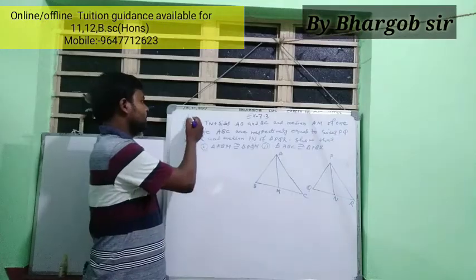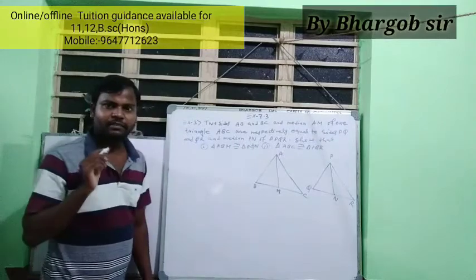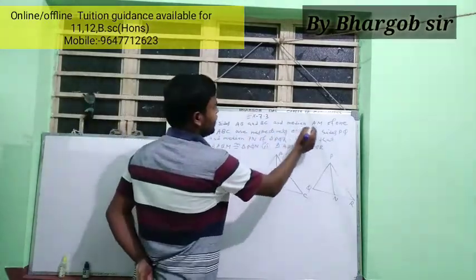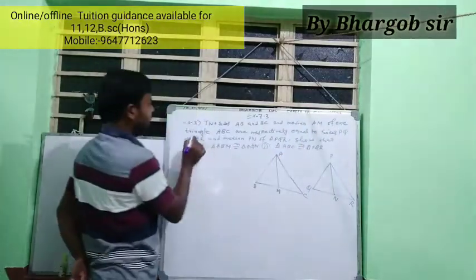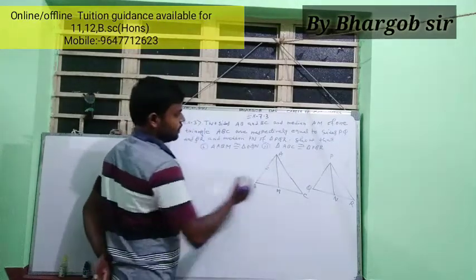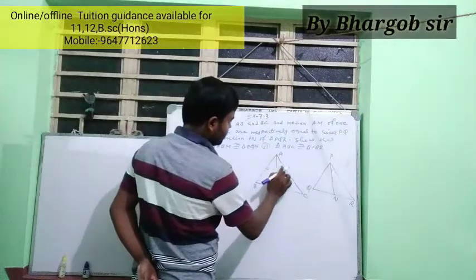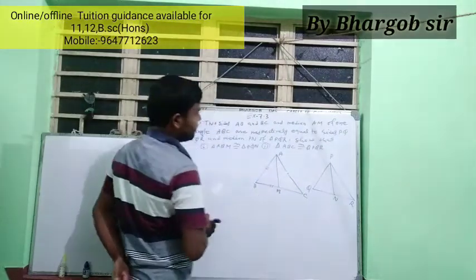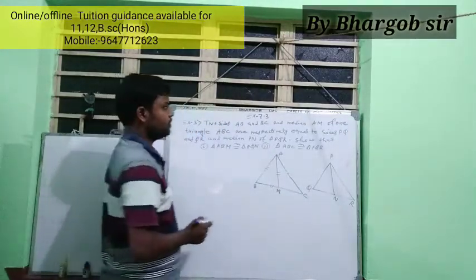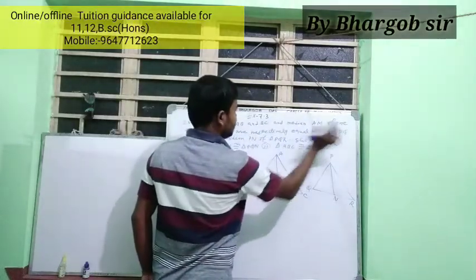This is exercise number 3. The exercise says that two sides AB and BC and median AM of triangle ABC are respectively equal to sides PQ and QR of triangle PQR.